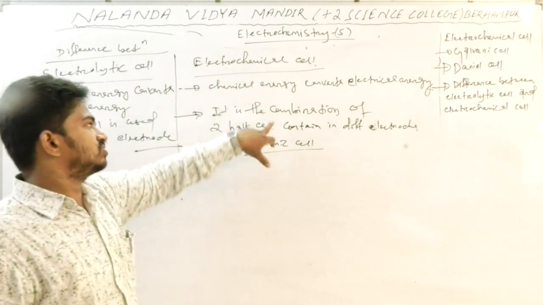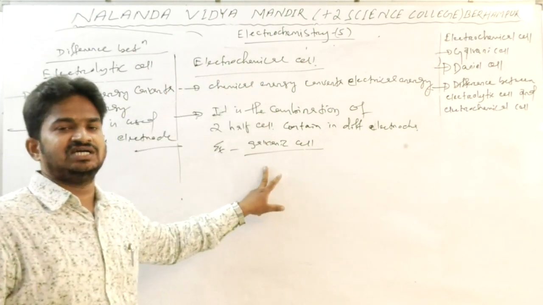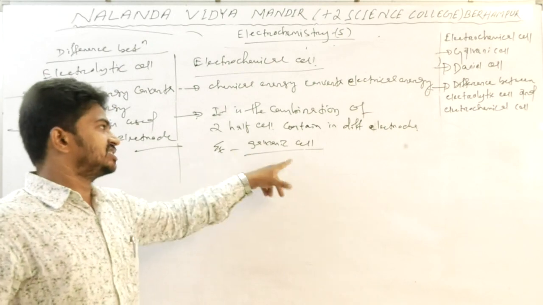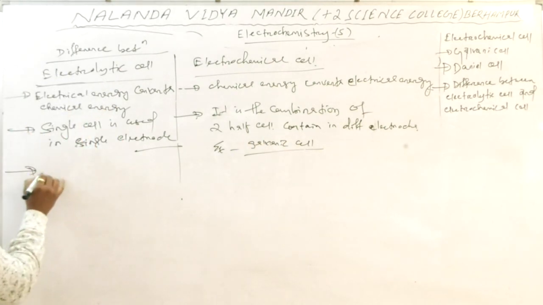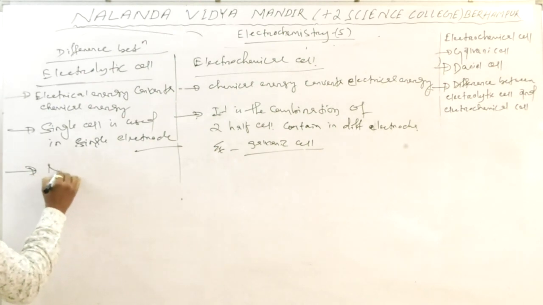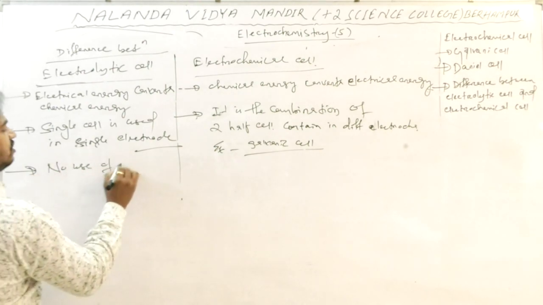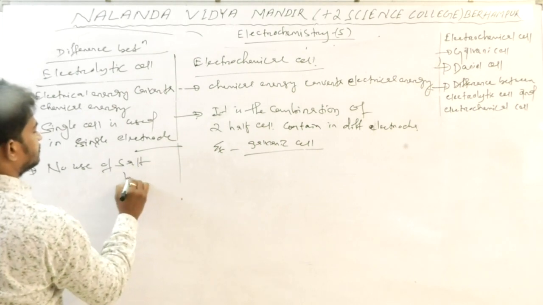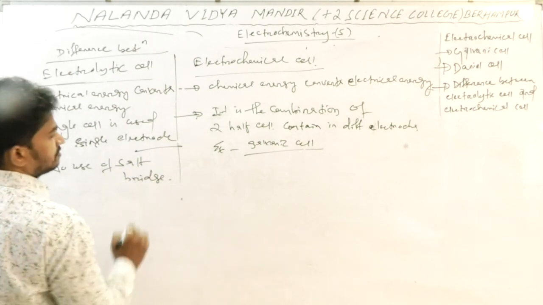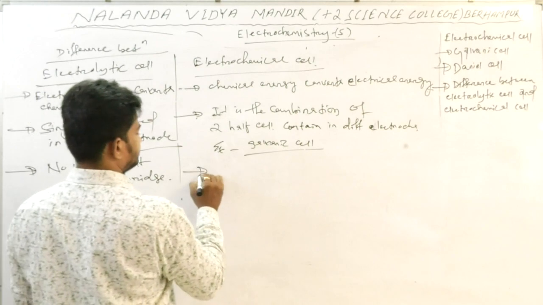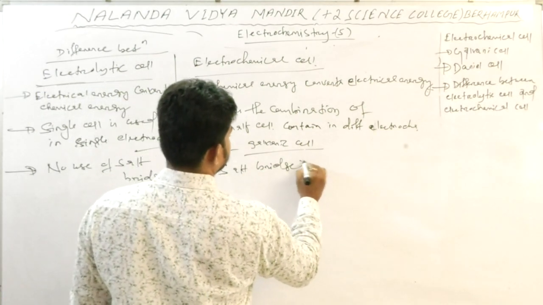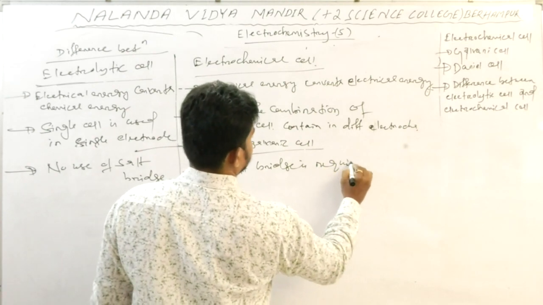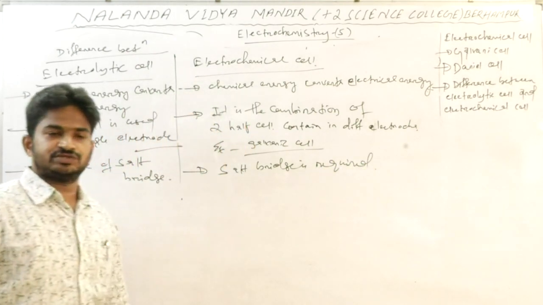But in the case of the electrochemical cell, two half cells are present, and a salt bridge is connected to the two half cells. So here we can say there is no use of salt bridge in the electrolytic cell. In the electrochemical cell, the salt bridge is required.